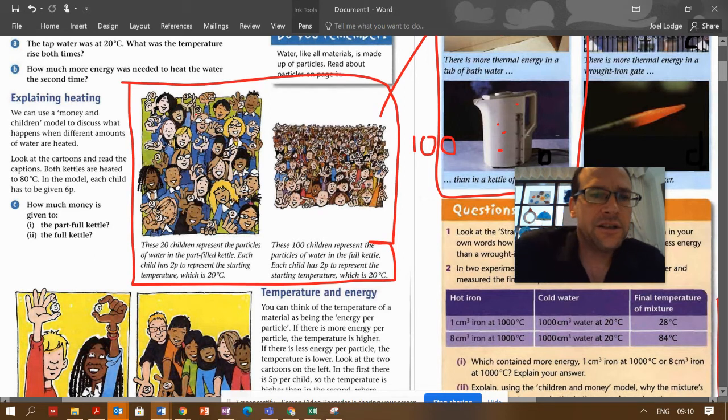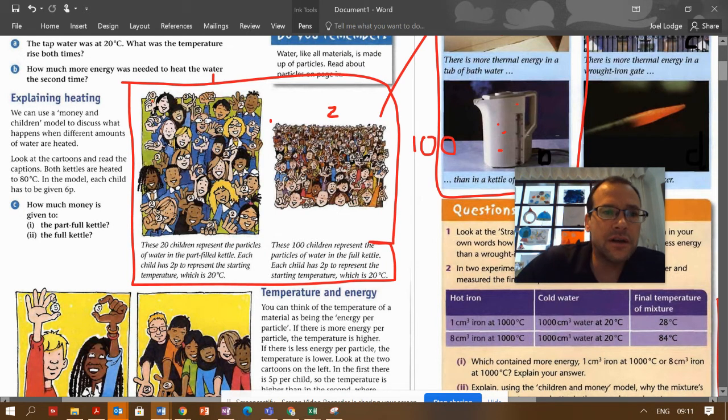Let's imagine this picture represents a small beaker of water. Each child is representing a particle of water. Picture number 2 represents a large beaker of water. Because each child represents a particle, there's many more particles, aren't there?